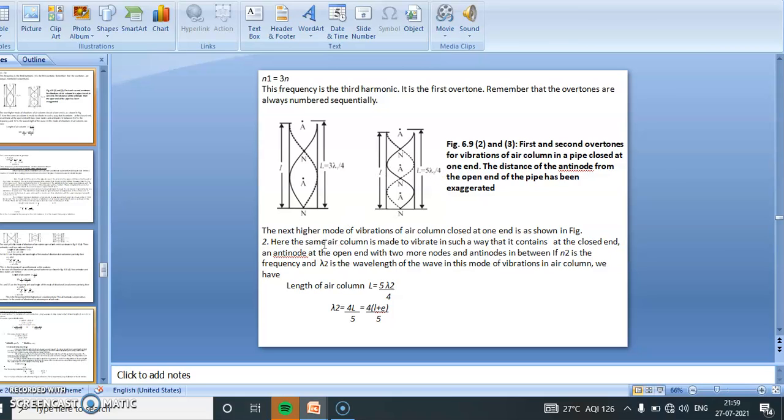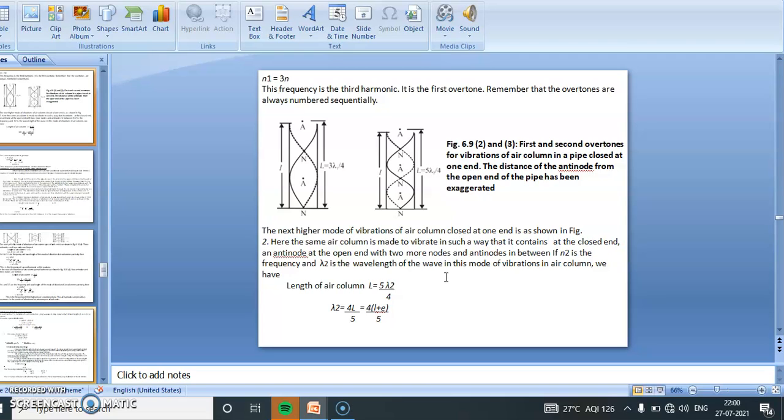Okay. The next higher mode of vibration of air column closed at one end is as shown in figure. Here the same air column is made to vibrate in such a way that it contains a node at the closed end, an antinode at the open end, with 2 more nodes and antinodes in between.